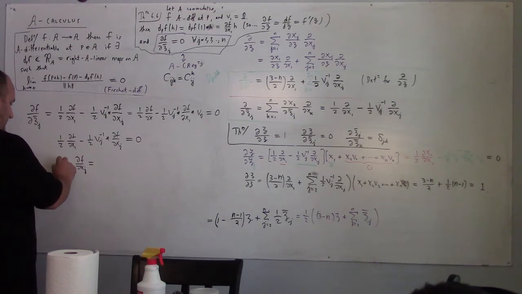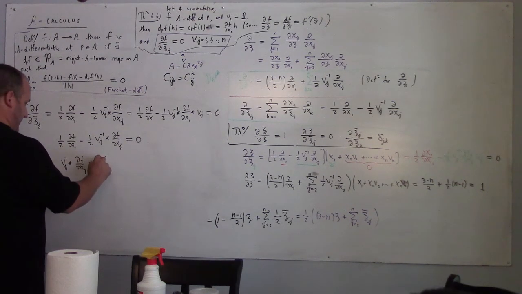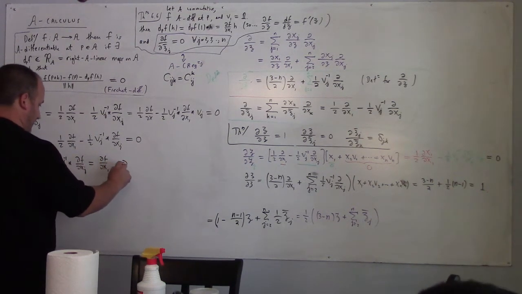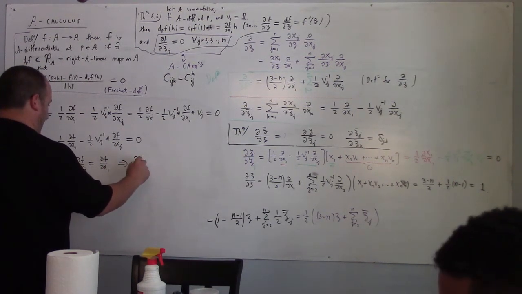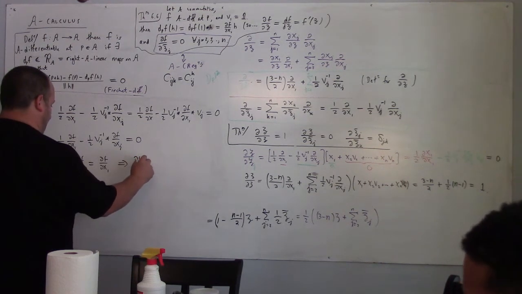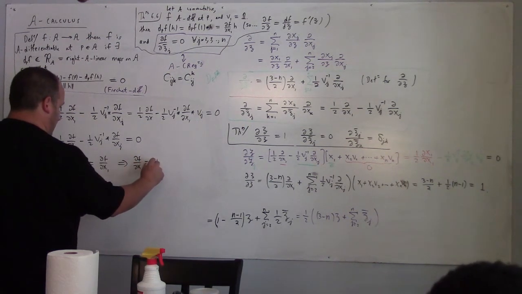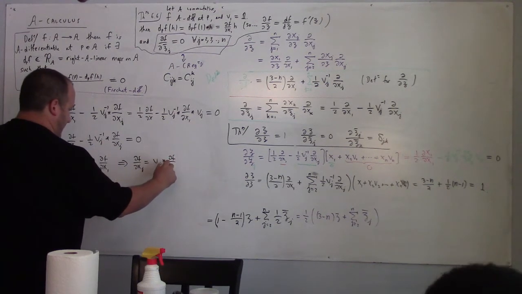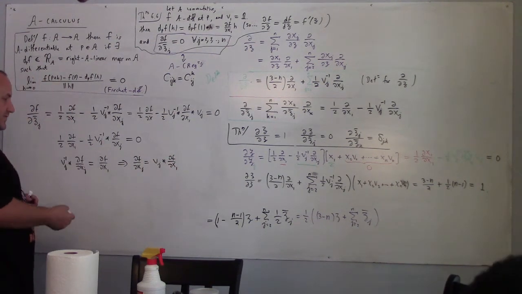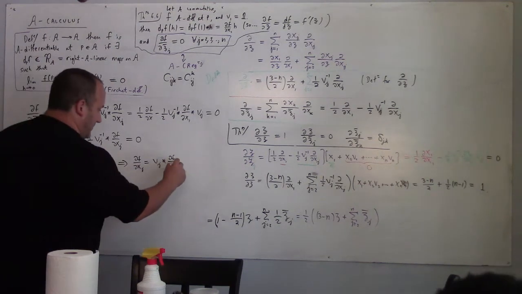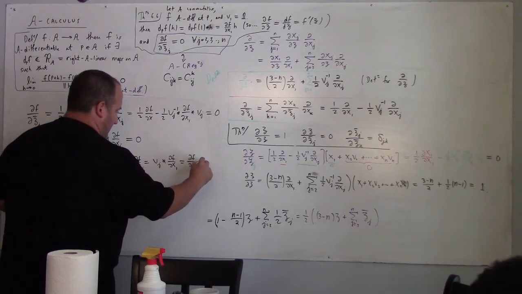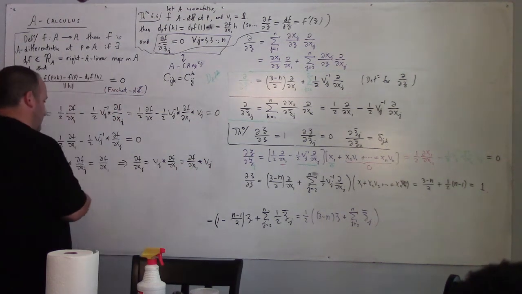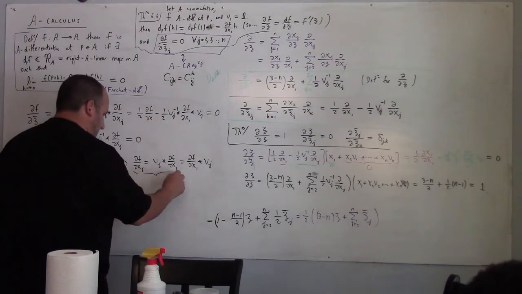Vj inverse times that is partial f partial x1, which then says that partial f partial xj is equal to Vj times partial f partial x1, which I often like to write like this. That's just a matter of style, but anyway, the point is, these are the ACR equations.